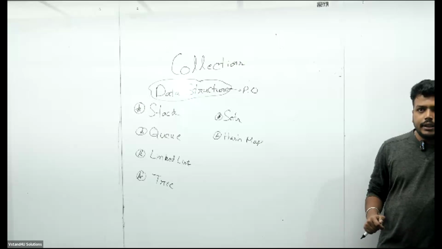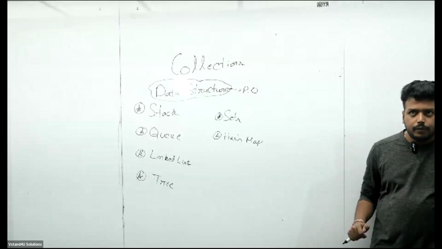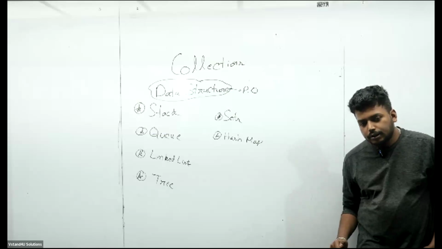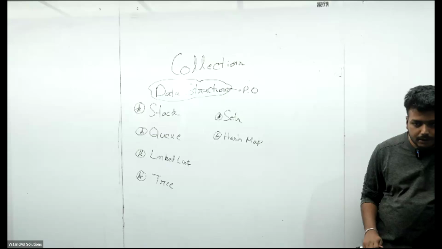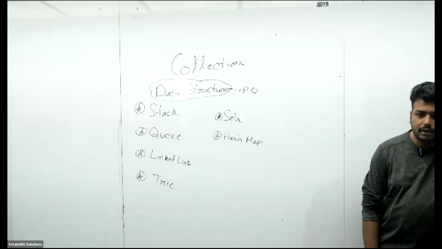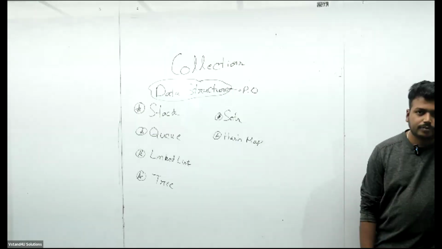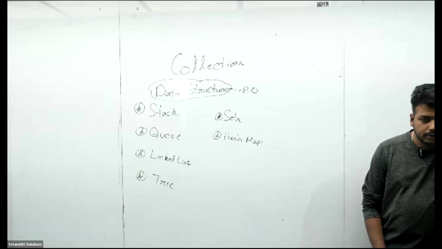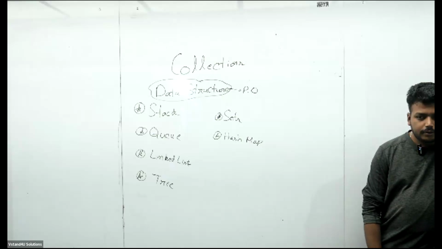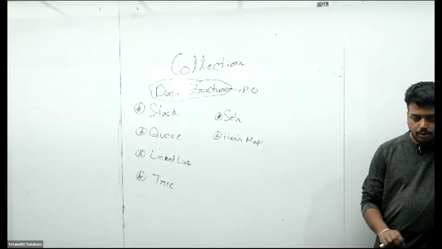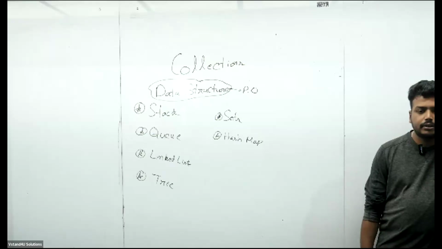And data structure will be used in which programming languages? Java, C++, and Python. What about C? We can, but we have to make use of some methods, that's it.